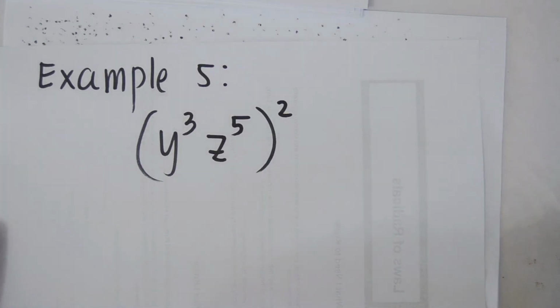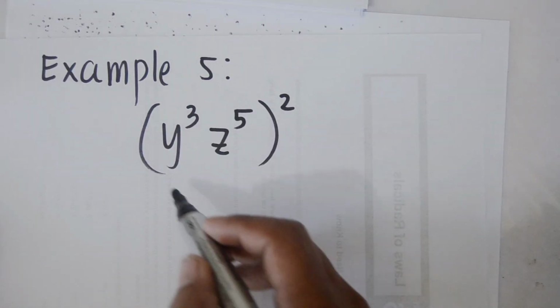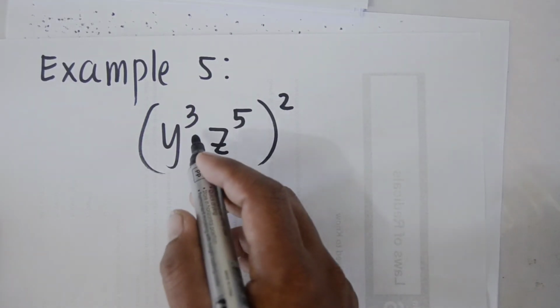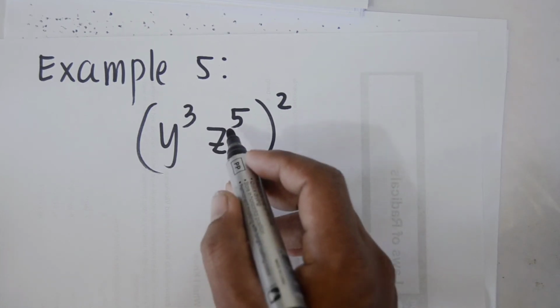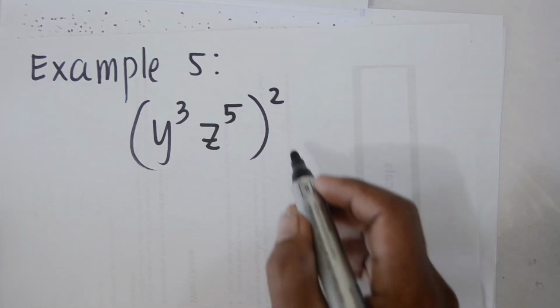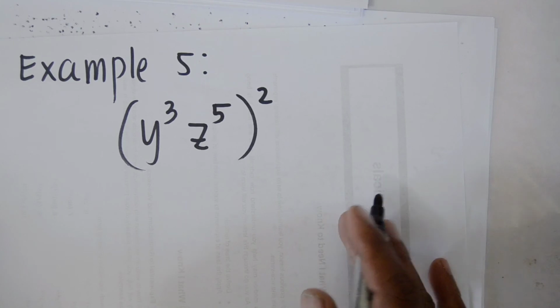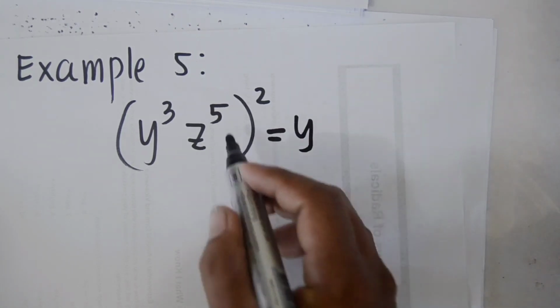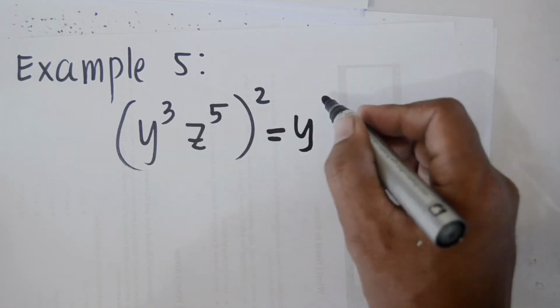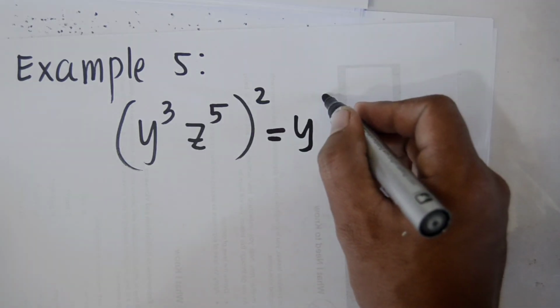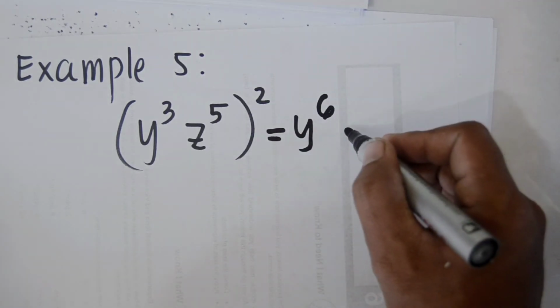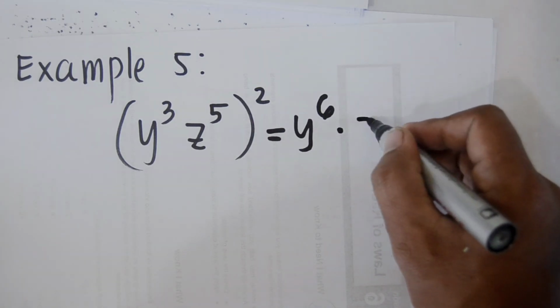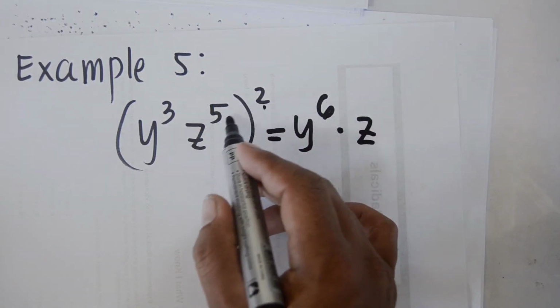Example number 5. The quantity of y cubed times z to the power of 5 raised to the power of 2. So, following the rules, copy y, then multiply 2 times 3. That is equal to 6. Times z. Multiply 2 times 5.